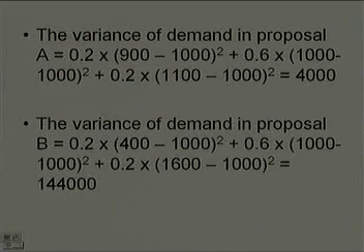So that means the estimator in A is quite confident of his estimates because the variance of his proposal is quite low, whereas the estimator of proposal B is not confident of his values. That is why he has given you a large range, right from 400 to 1600, whereas the range for proposal A is from 900 to 1100 only.